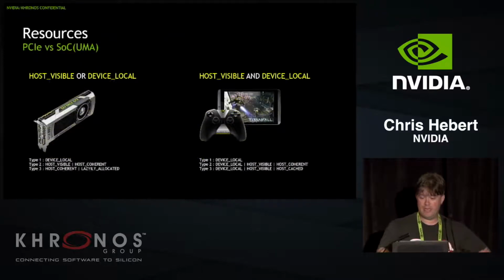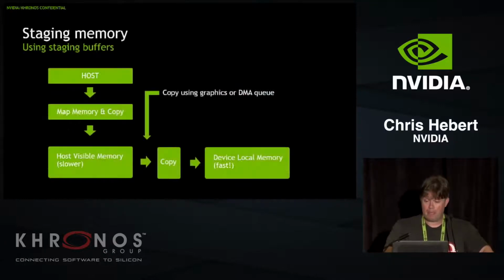So typically a PCIe device will expose heaps that are either host visible or device local. However, a unified memory architecture device, such as a mobile GPU, may expose heaps that are both host visible and device local, which reflects the SoC nature of mobile devices. This is an important consideration when it comes to what we need to do to get our data into the fastest heap in the least amount of time.